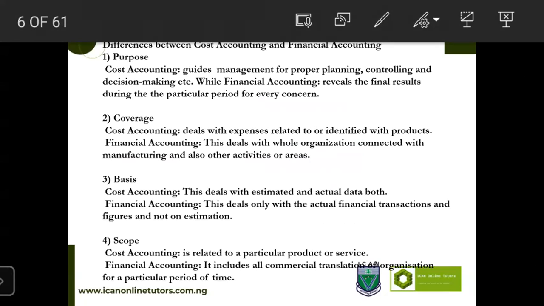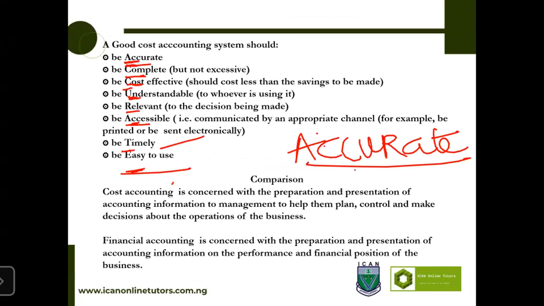Actually, like I said earlier, cost accounting and management accounting are the same. But cost accounting and financial accounting are not the same.